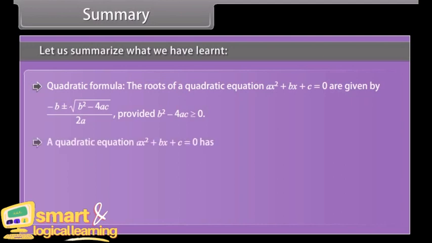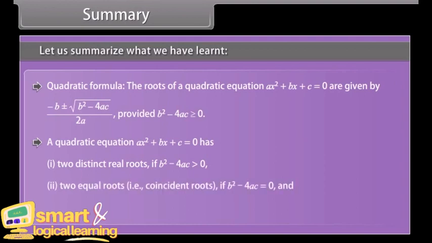A quadratic equation ax² + bx + c = 0 has 1. Two distinct real roots if b² - 4ac > 0, 2. Two equal roots, that is, coincident roots if b² - 4ac = 0, and 3. No real roots if b² - 4ac < 0.